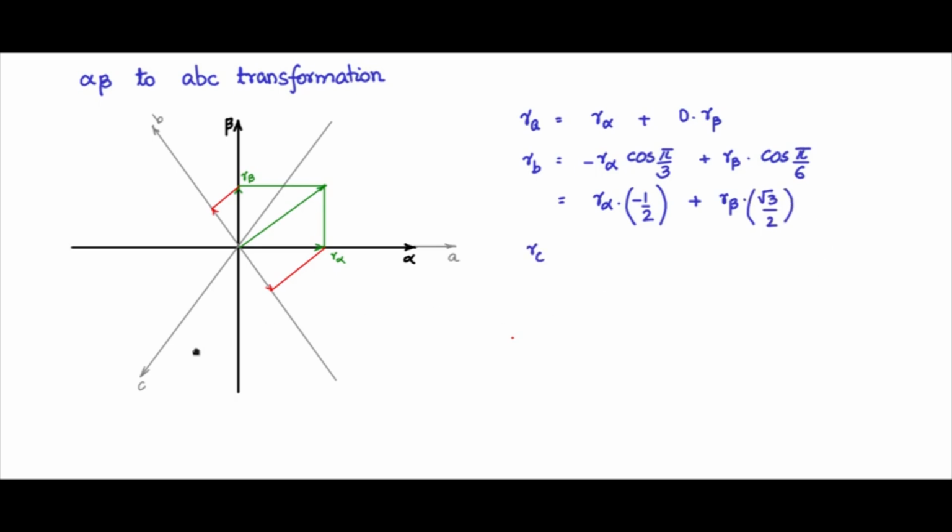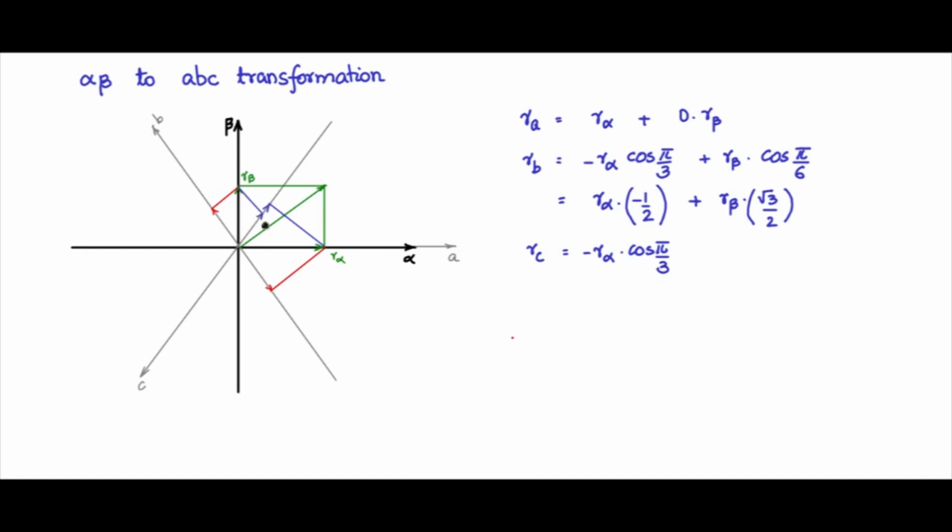Now RC, what is the RC vector? So let us take the projection of R alpha onto the C axis. So this is the component, and this angle is 60 degrees. So R alpha cos pi by 3. Now this is falling on the negative part of the C axis, so therefore the minus. Then projection of R beta onto the C axis.